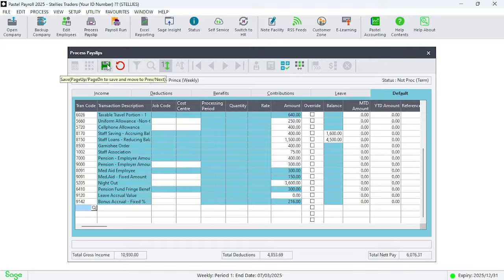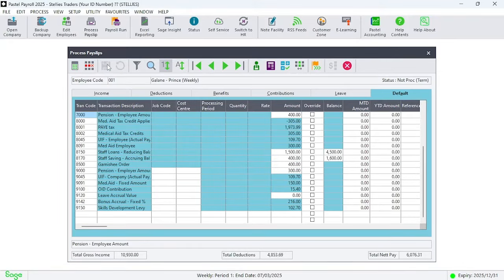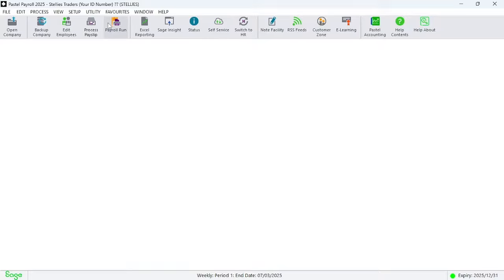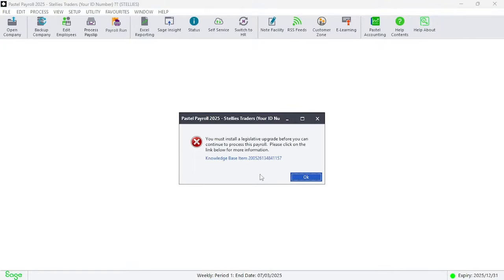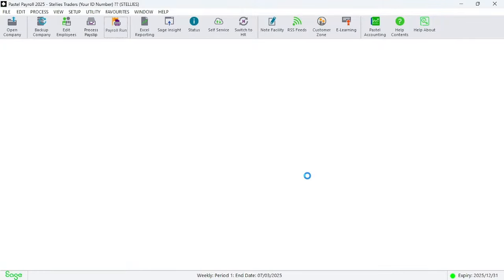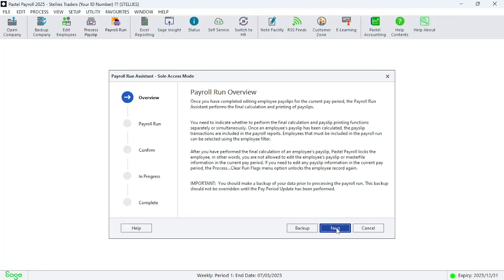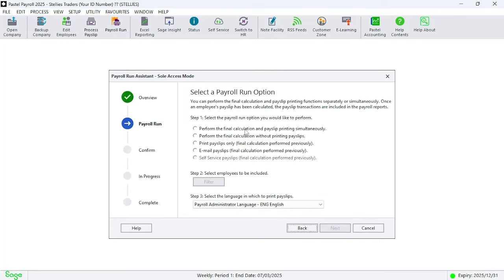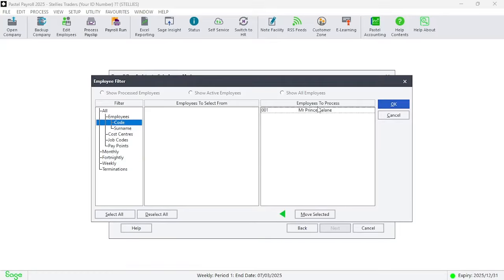We then click save. Once we've saved it, we do our normal steps. We will now close it. We will do our payroll run. Ignore that. Click next until our tax gets finalized. Perform final calculations and payslip printing simultaneously. Click voter and select just Prince Kalani.